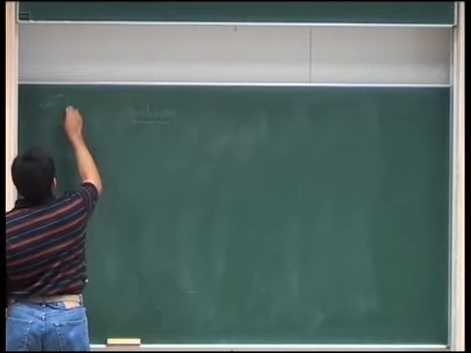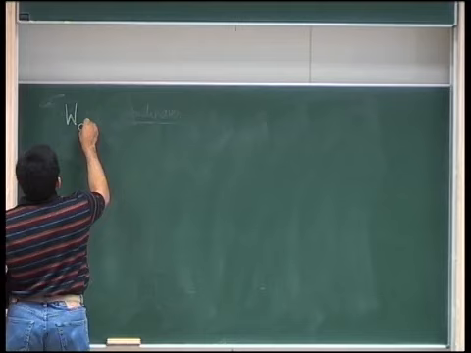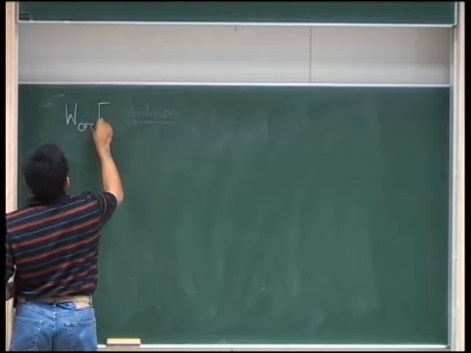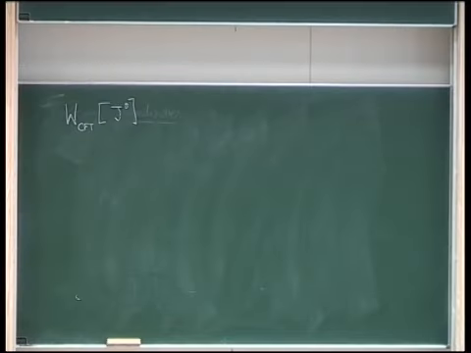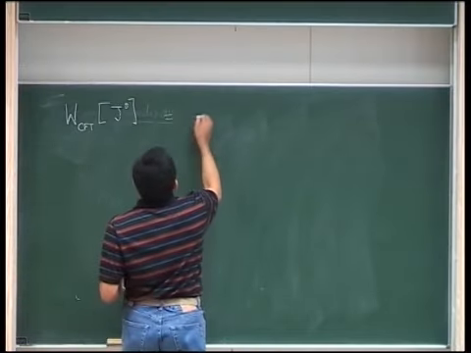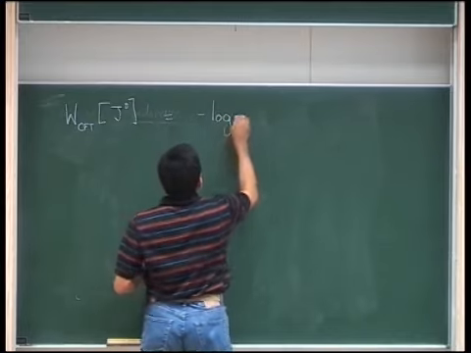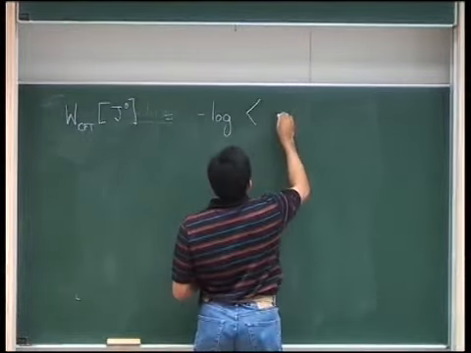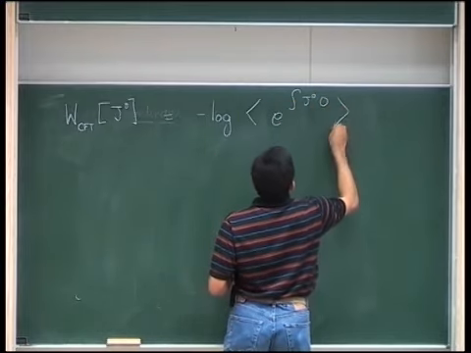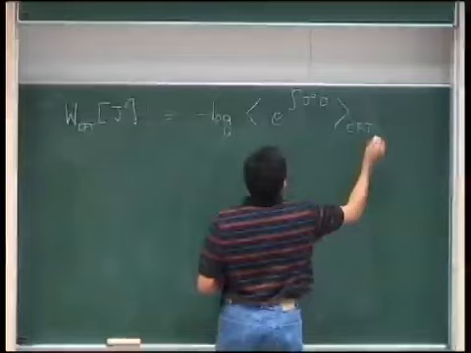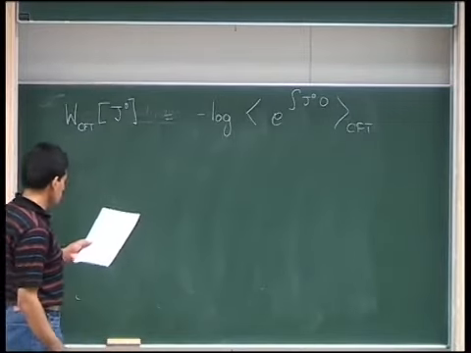So the quantity we are interested in was the conformal field theory generating function of correlation functions, which was nothing but the expectation value of this guy.